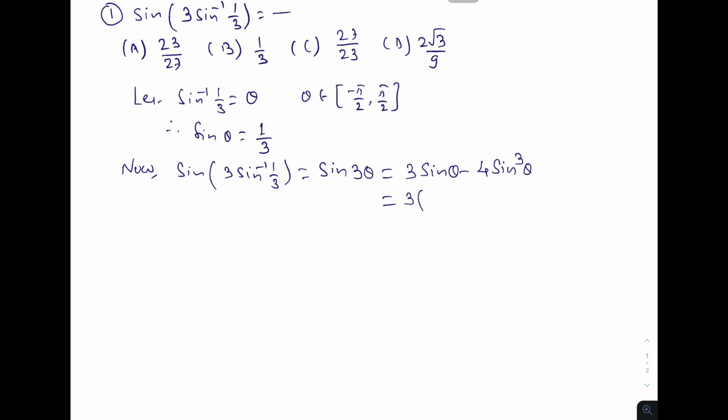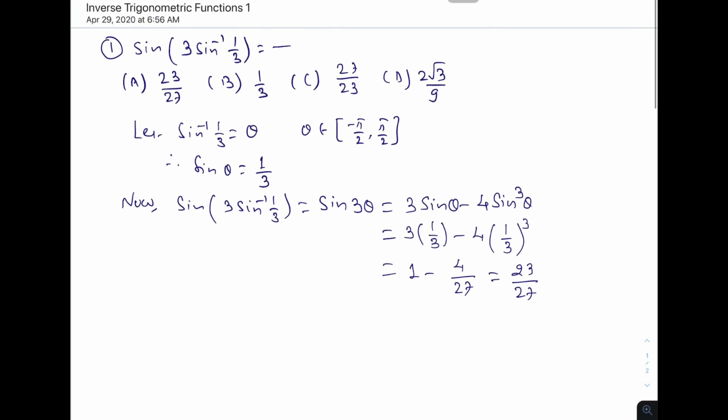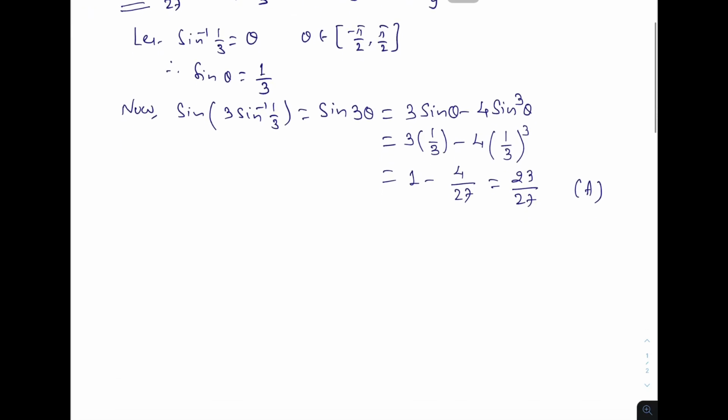So 3 into 1 by 3 minus 4 into 1 by 3 cube, which is 1 minus 4 upon 27, and that is nothing but 23 by 27. So the first option is the answer: 23 by 27.